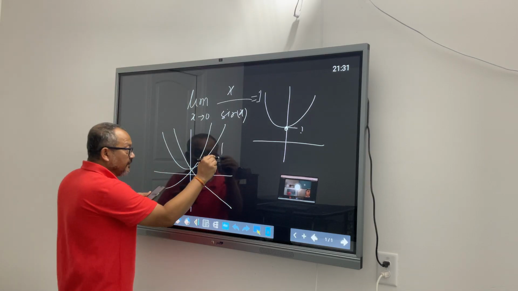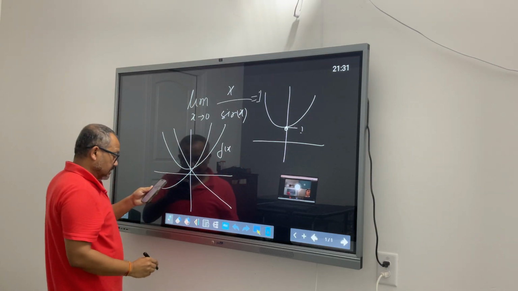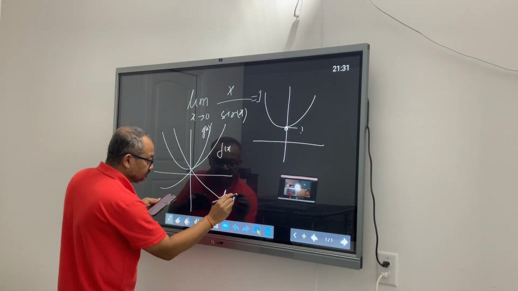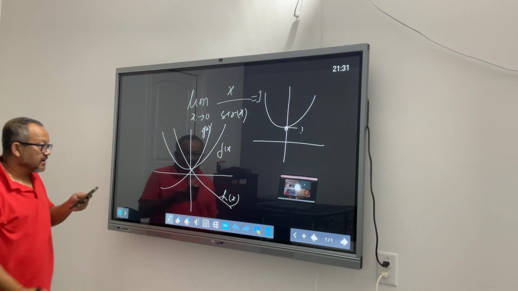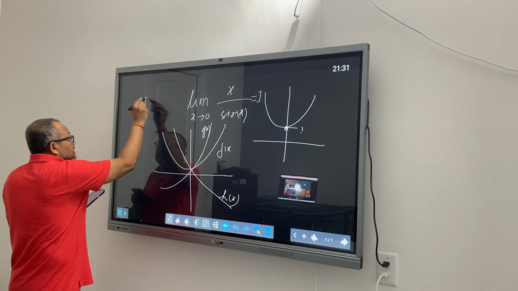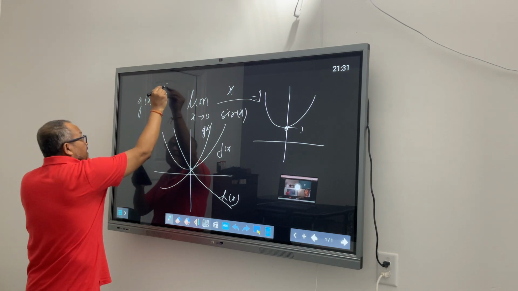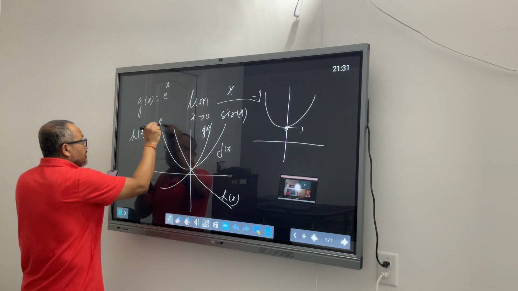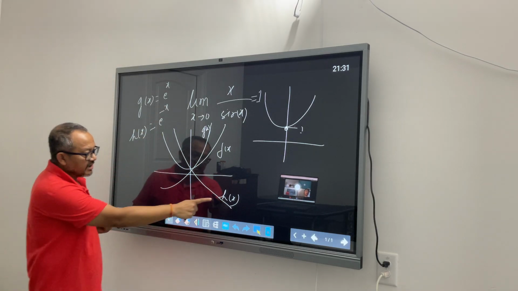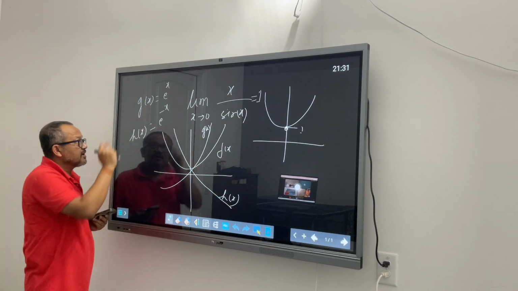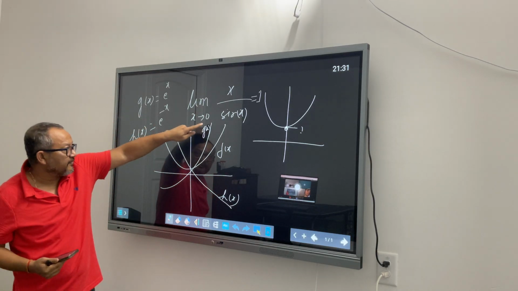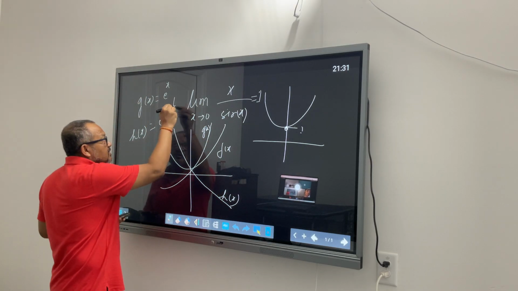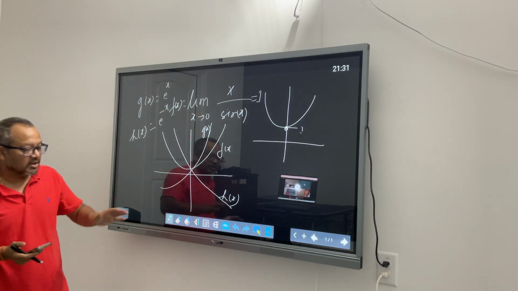This one is f of x, this one is g of x, and this one is h of x, where g of x is equal to e to the power x and h of x is equal to e to the power minus x. So this one is h of x, which is e to the power minus x, and this is g of x, which is e to the power x, and f of x is this one that we are trying to find the limit for. And we are trying to prove that the limit of f of x is equal to 1.